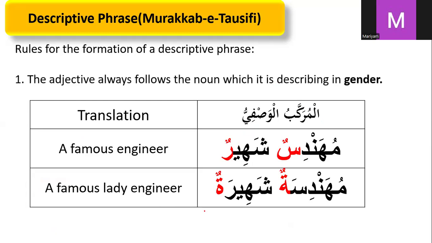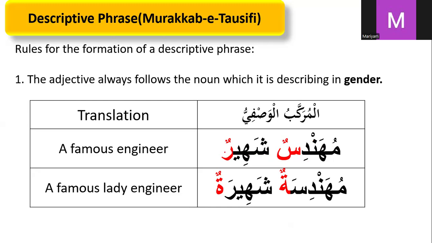The second rule: the adjective always follows the noun which it is describing in gender. It means that if the noun is masculine, the adjective is also masculine. If the noun is feminine, the adjective is also feminine. If I take my first noun, muhandisun, this is masculine, so I'll take my adjective masculine, shahirun.